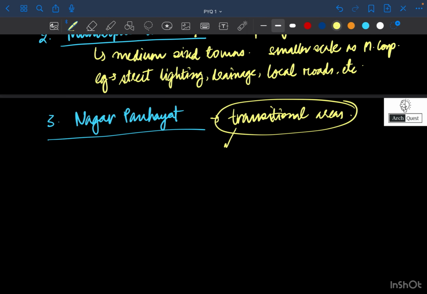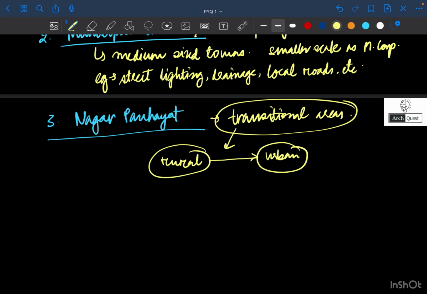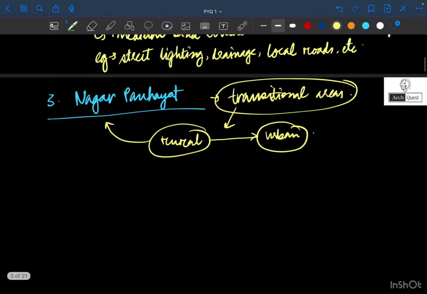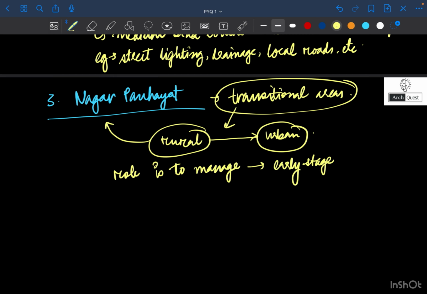So in this context, the rural areas which are transitioning to an urban area is where the Nagar Panchayat is. Their role is to manage early stage urban services and regulations.